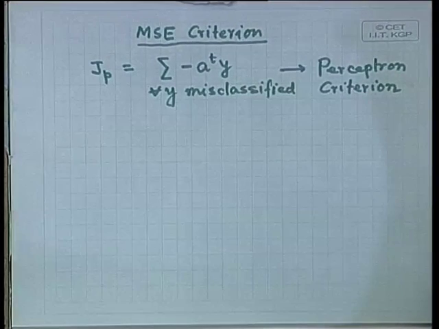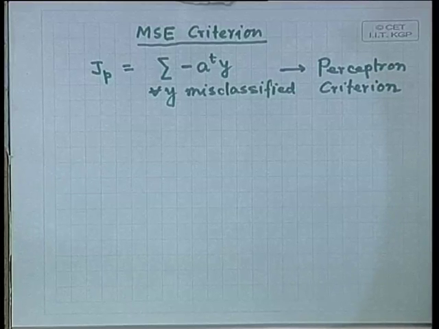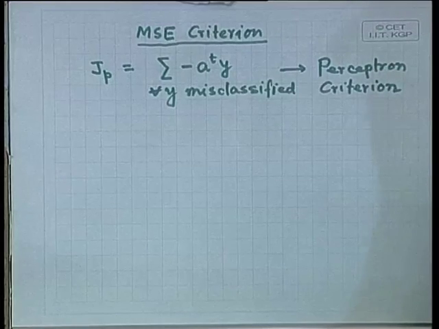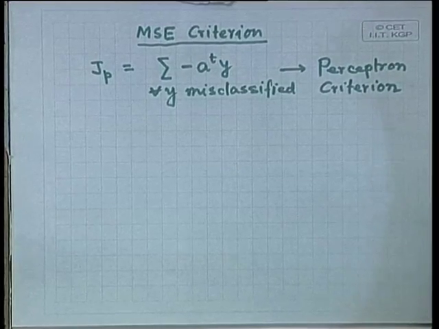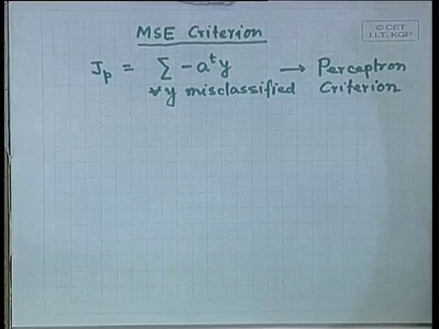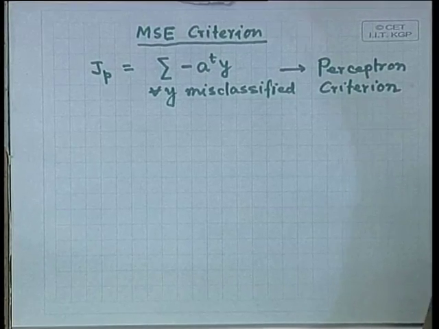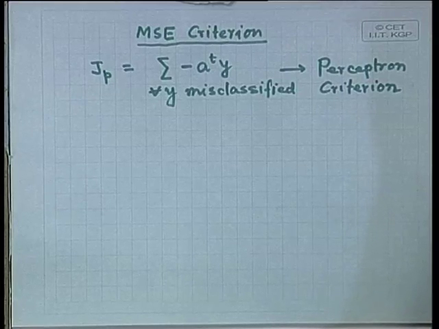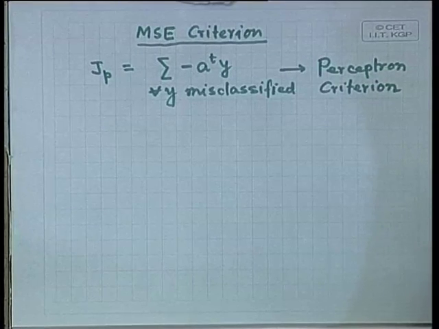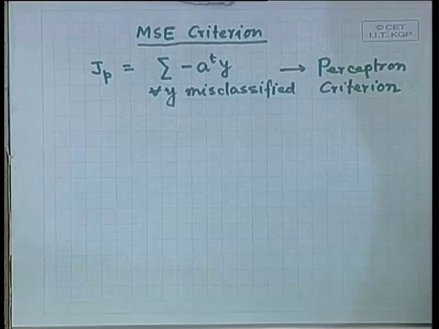And our aim was that we wanted to find the weight vector A which will classify all the training samples properly. When all the training samples are classified properly, the perceptron criteria function J p has to be equal to 0, which is the minimum value, and if any sample is misclassified by the weight vector A, then J p will be greater than 0.